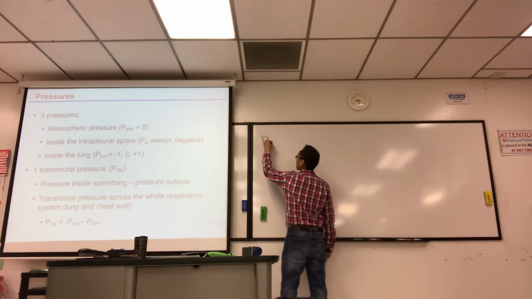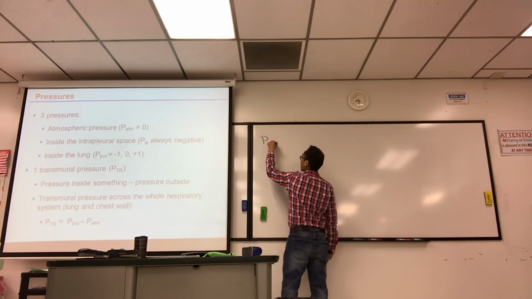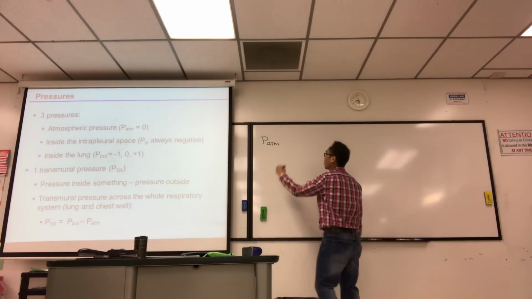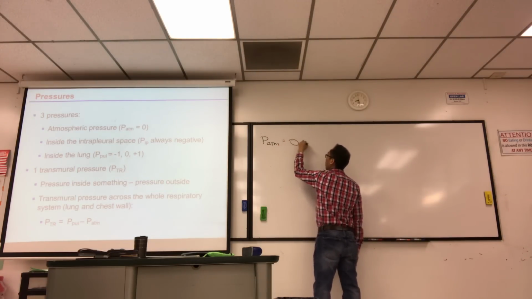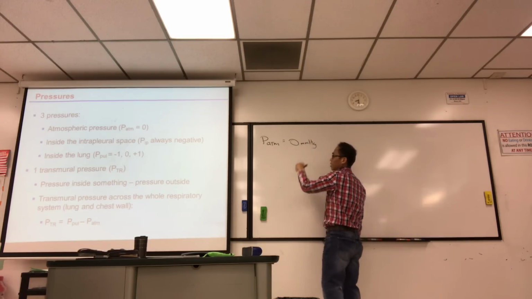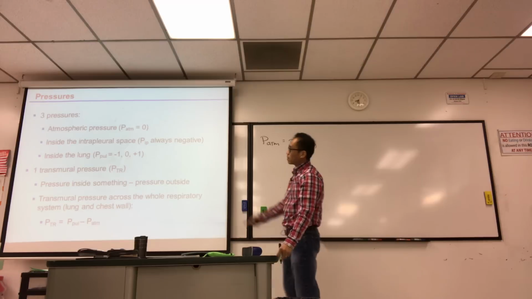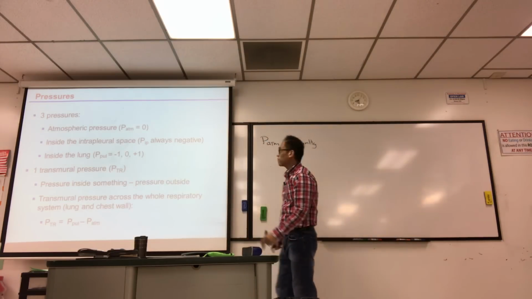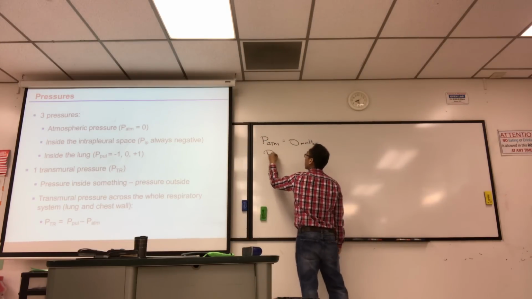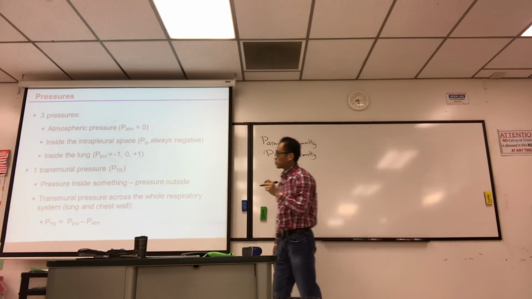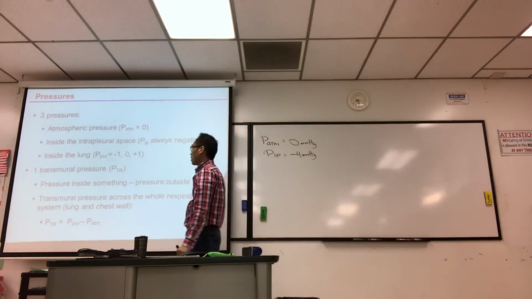When you study this, keep track of 3 pressures. Pressure of the atmosphere is 760 or 0. Let's remember that intrapleural pressure, the PIP, is always negative. And let's remember the intrapulmonary pressure, I'm going to abbreviate it P-pul. Pressure inside the lung.